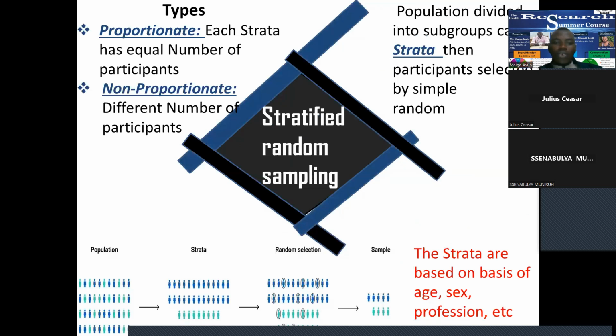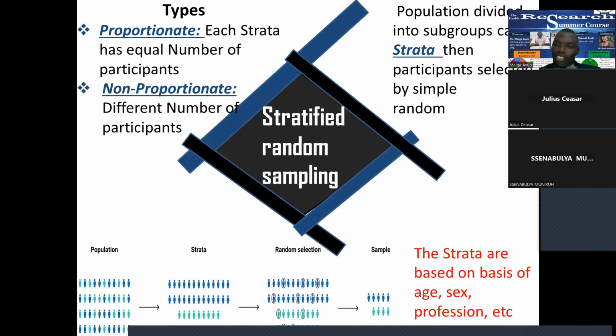So there is also what we call stratified sampling, with strata. Strata are just small groups, okay? These strata can be based on age, sex, profession. So I can say, I'm going to do a study, but this time round, I'm going to classify my participants in terms of profession.